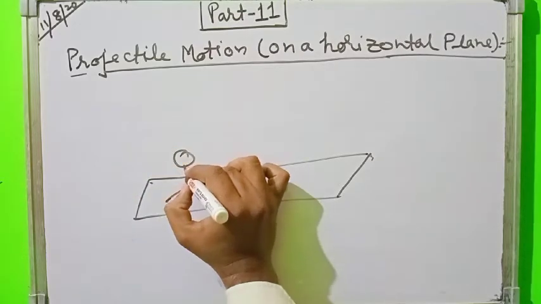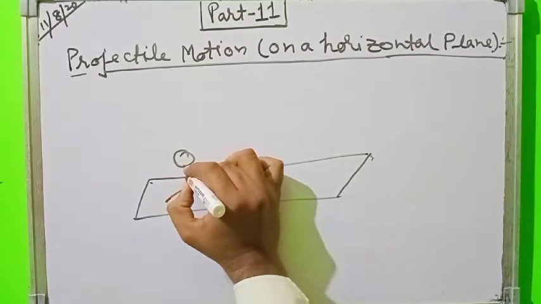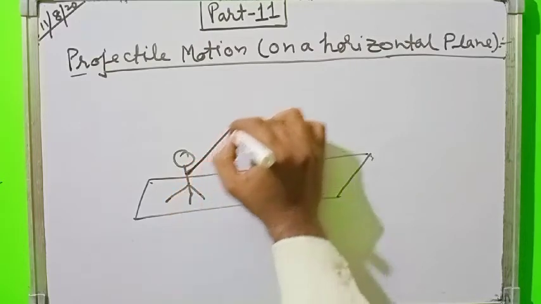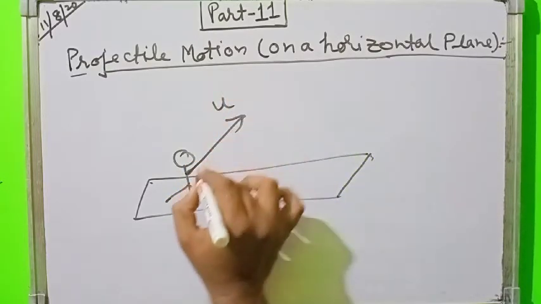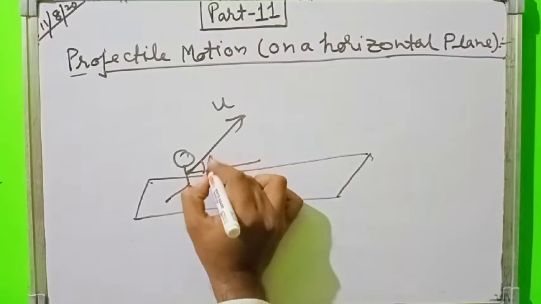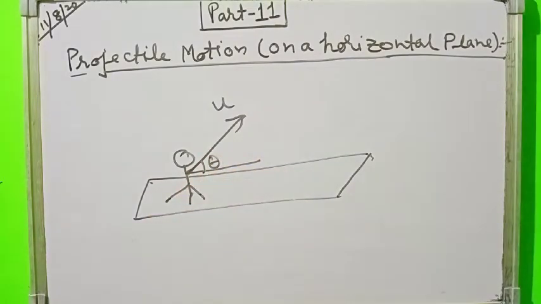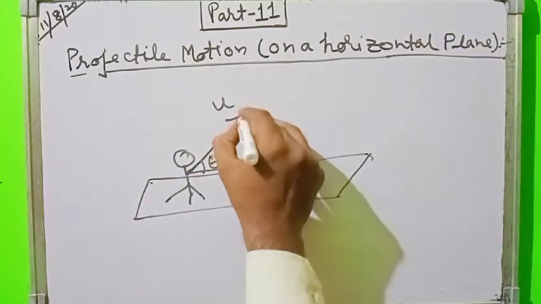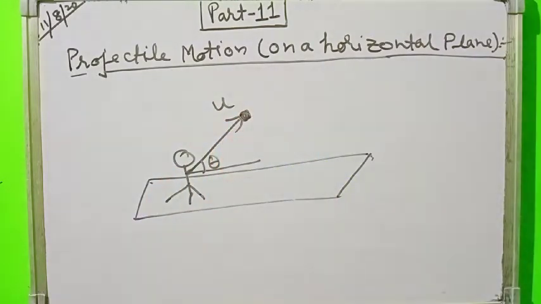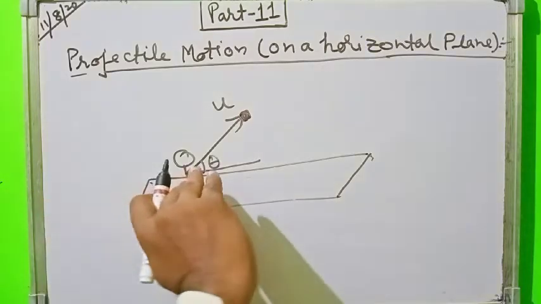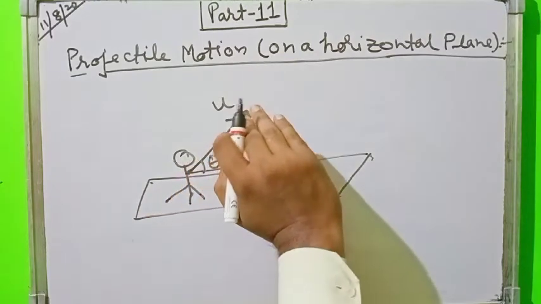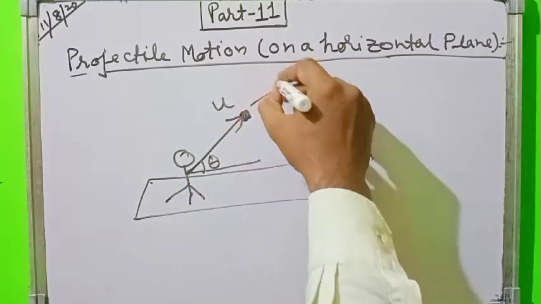This man throws an object with velocity u, making angle theta with the horizontal. Then what will happen to this body which has been thrown with initial velocity u?